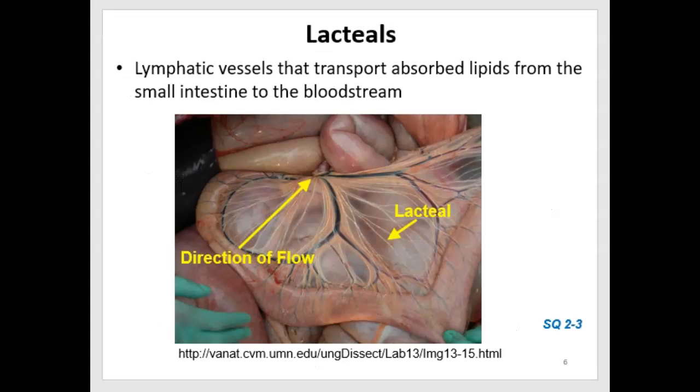Here's a picture of lymphatic vessels that surround the small intestine and look this milky white. Most lymphatic vessels are transparent because the lymph is transparent. So let me describe what you're looking at a little bit.